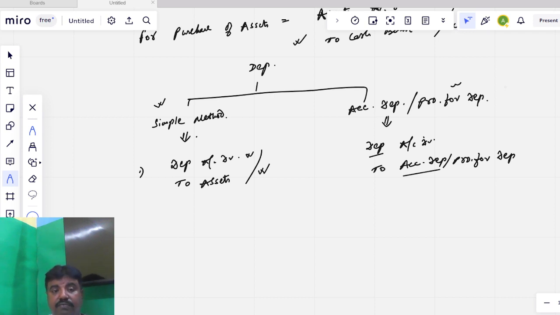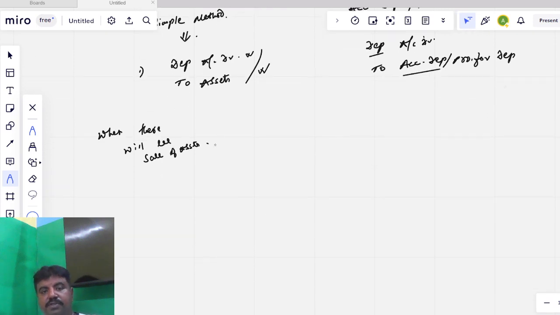Now what will happen when there is a sale of assets? When the firm follows the simple method of depreciation, then for the sale of assets, the first journal the firm will pass is cash or bank account debit to assets.